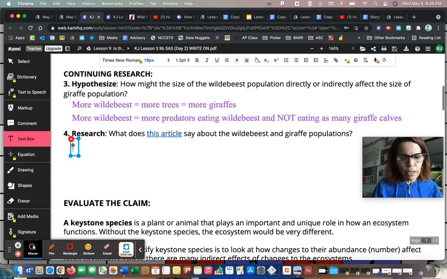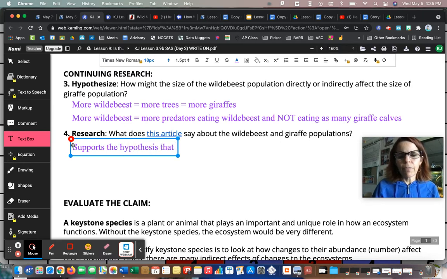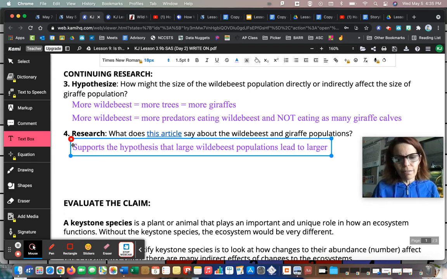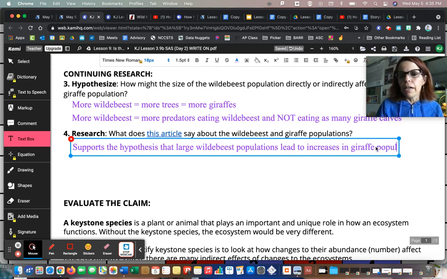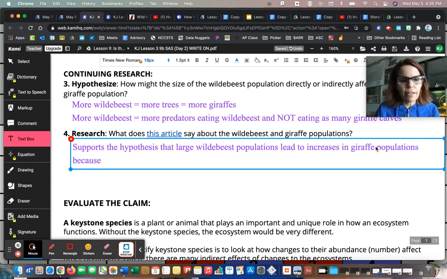So, what does this article say? It supports the hypothesis that large wildebeest populations lead to increases in giraffe populations because lions are hunting the wildebeest instead of the giraffes.